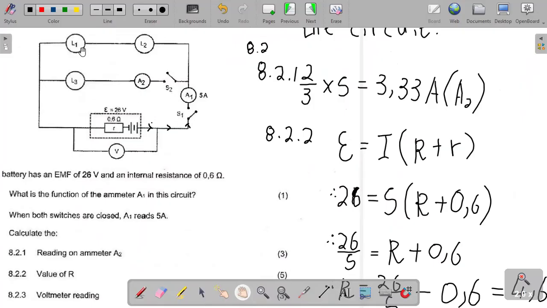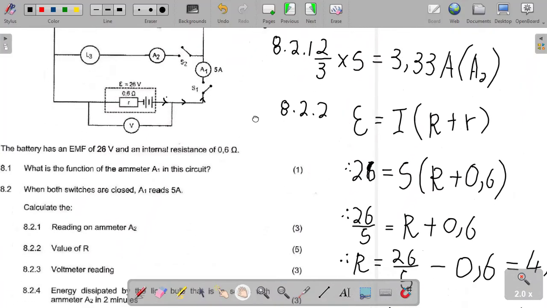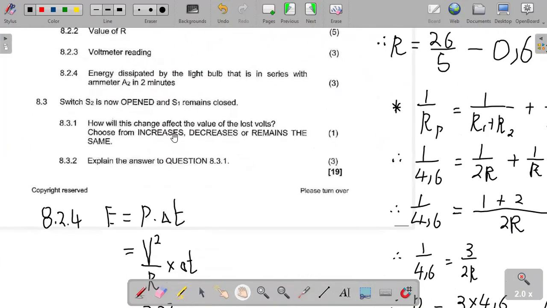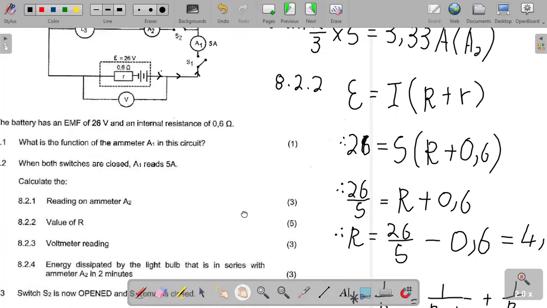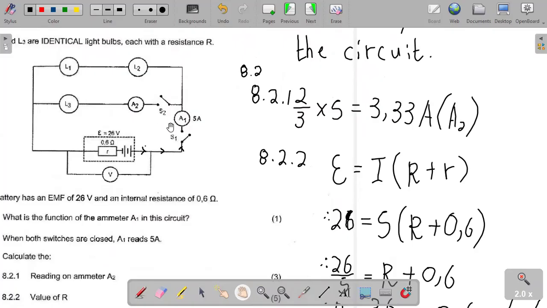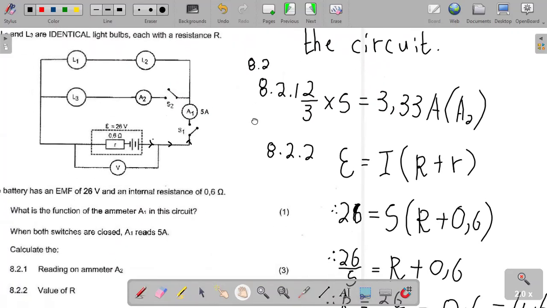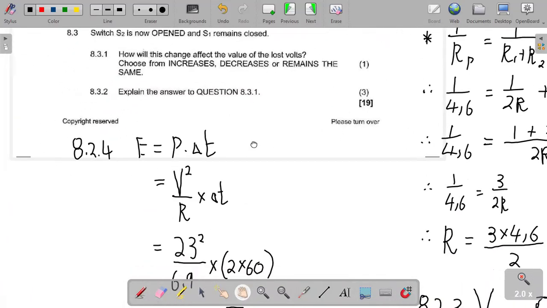The total resistance would go up. Now they say, how will this change affect the value of the lost volts? Choose from increase, decrease, or remains the same. The lost volts, which is the V internal, is going to be affected by the current. In this case, the current will be reduced because the resistance will go up. So the lost volts will decrease.